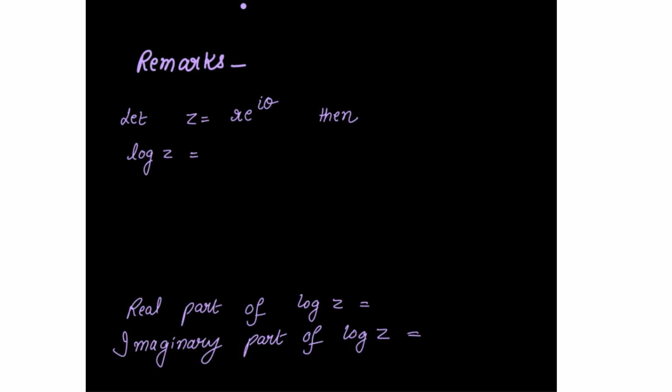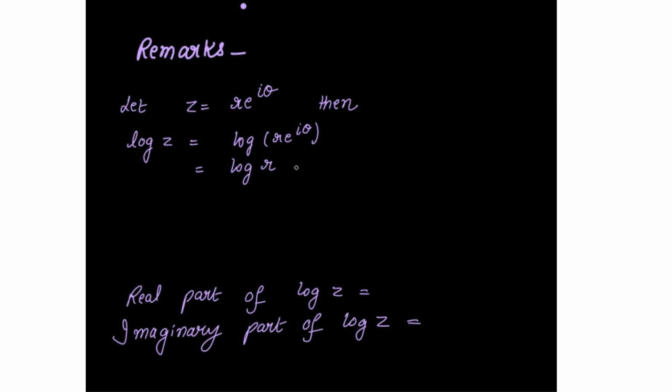Let z is r e to the power iota theta. Then what is log of z? This will be log of r e to the power iota theta, and then this can be written as log of r plus log of e to the power iota theta. Very fine.